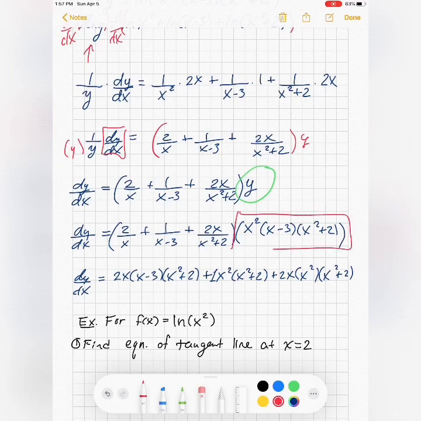Okay, so when I multiply this through to the first factor, let's make sure I got everything right. So I'd cancel out an x. So then I would have, let's see, my 2, that's here. I'd have from this guy an x minus 3, x squared plus 2. That looks okay to me.